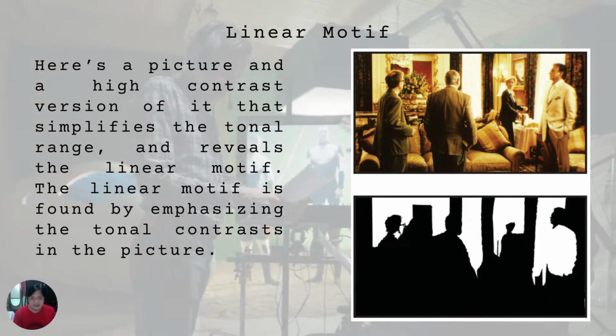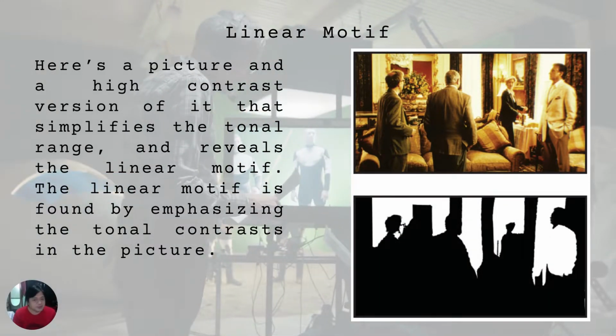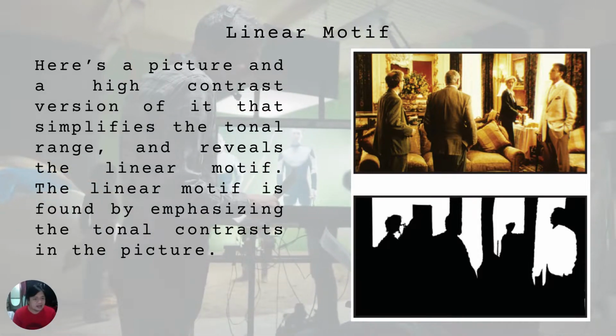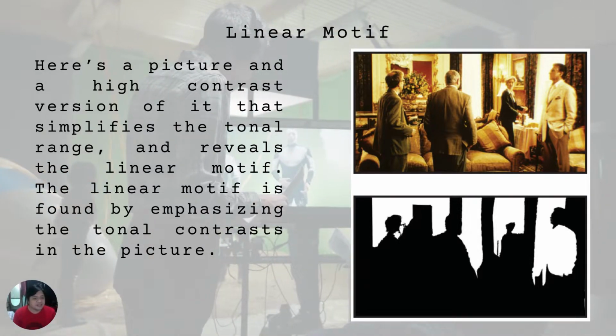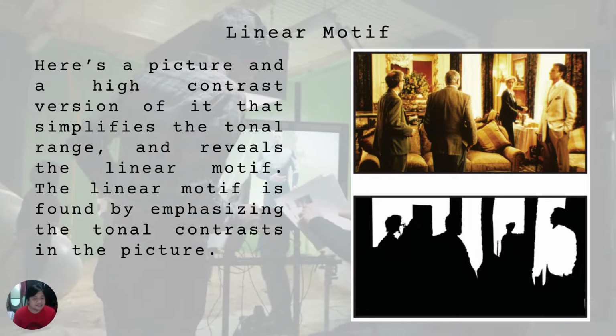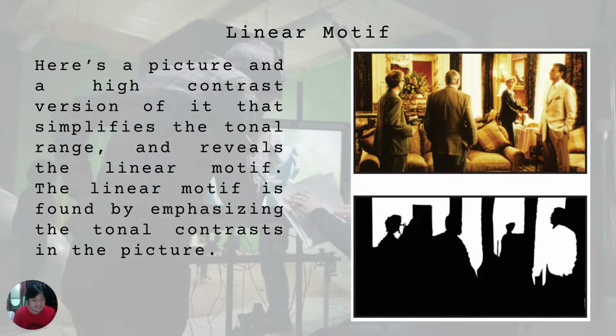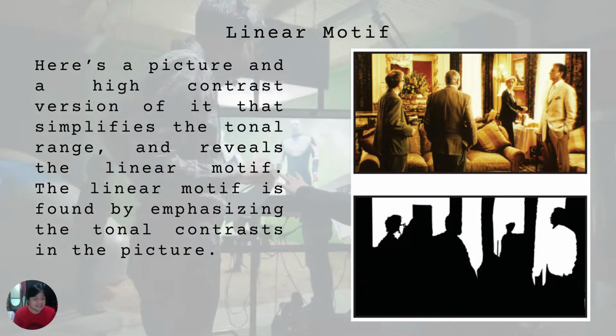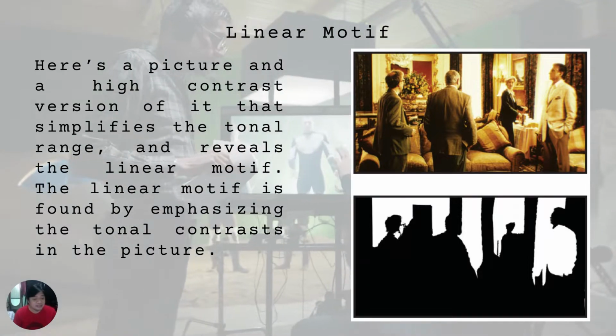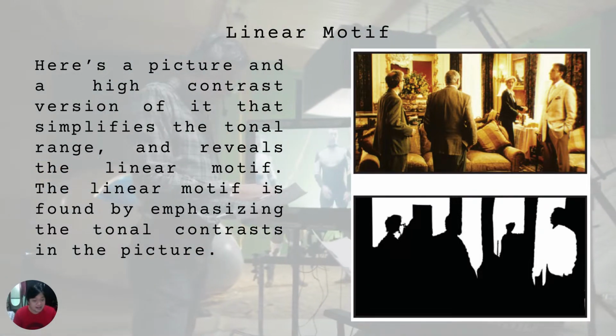Here's a picture and a high contrast version of it that simplifies the tonal range and reveals the linear motif. The linear motif is found by emphasizing the tonal contrast of the picture.